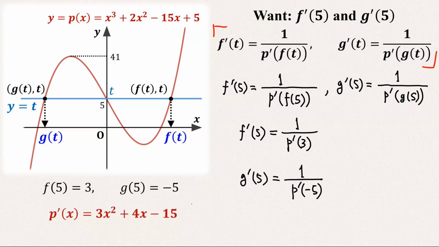And using the expression for p prime x, the derivative of our cubic function, we can finally calculate f prime 5 and g prime 5. So this will give p prime 3 as 24 and p prime minus 5 as 40. So f prime 5 equals 1 over 24 and g prime 5 equals 1 over 40.